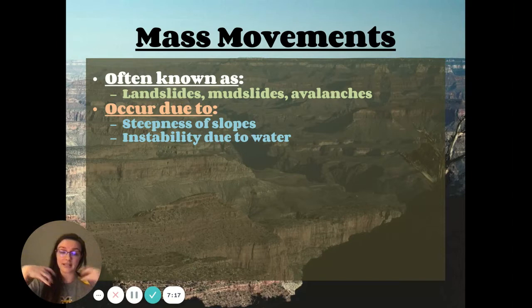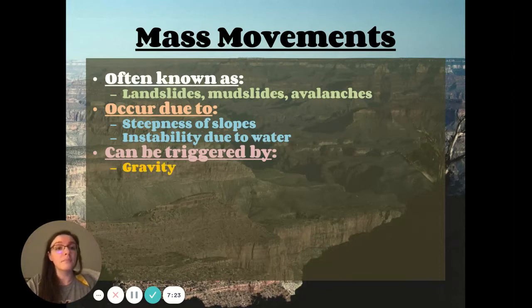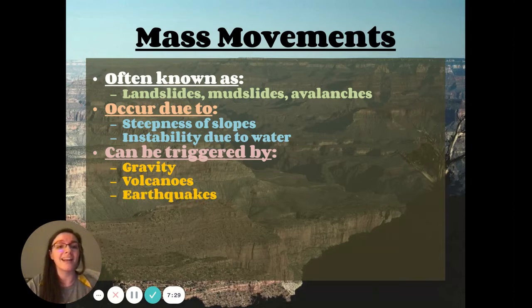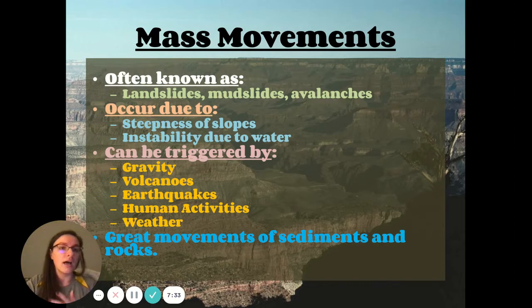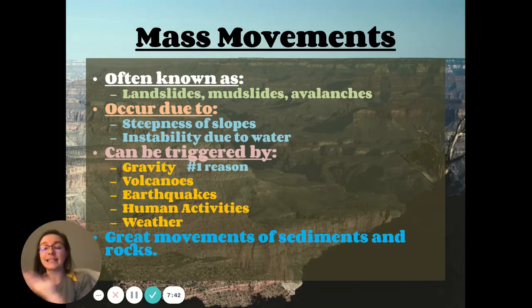So when water gets in there and freezes, it can break things up and make a slope unstable. They are triggered most often by gravity, but mass movements can also be triggered by volcanoes, earthquakes, human activities, the weather, lots of things. So mass movements are just these huge movements of sediment and rock as they slide down.